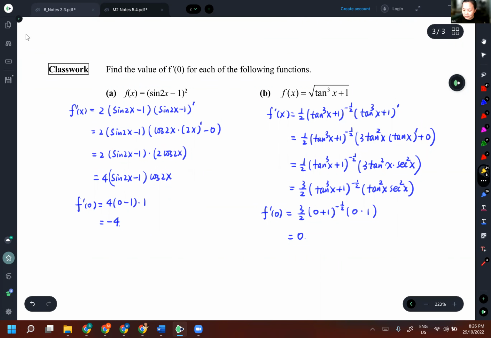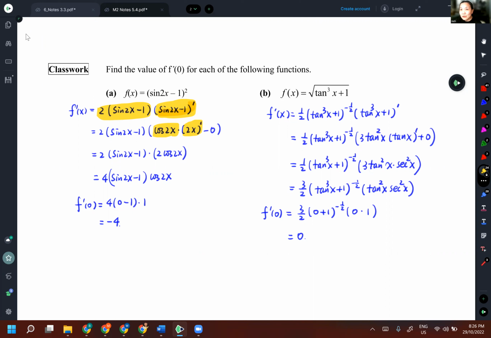Okay, look at the answer. Now the first layer is a chain rule. This is dy du. This is du dx. And inside another chain rule, dy du, and then du dx. Technically, it's 3 layers.